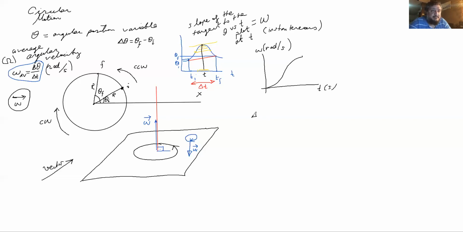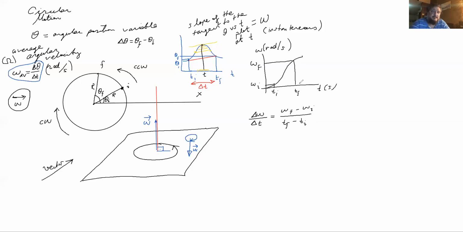So delta omega divided by delta t, omega final minus omega initial, divided by t final minus t initial. Okay, so here is t initial, here's t final, and the corresponding omega value.